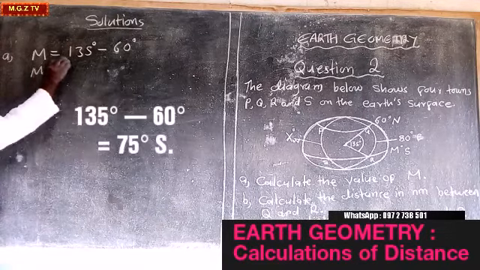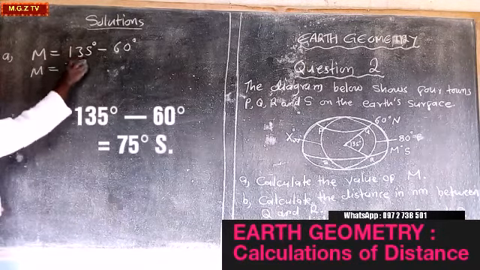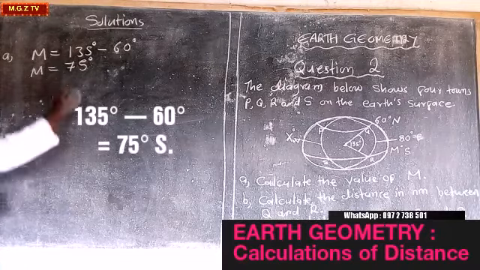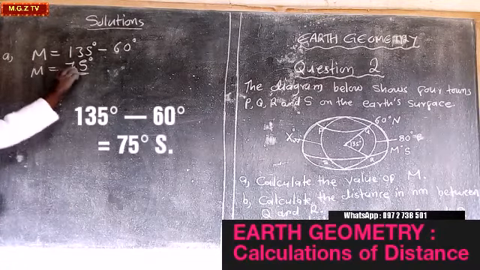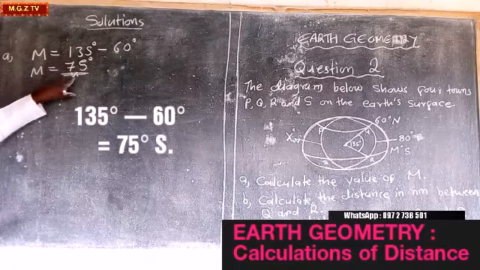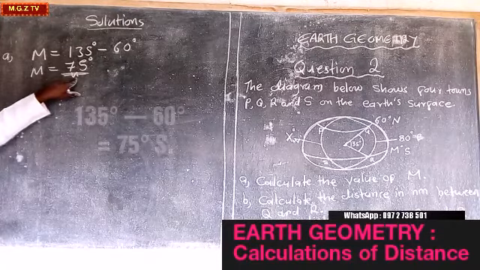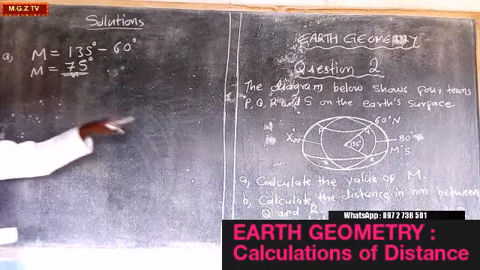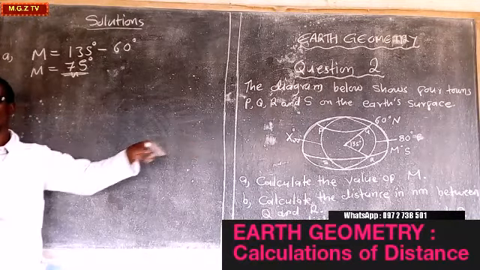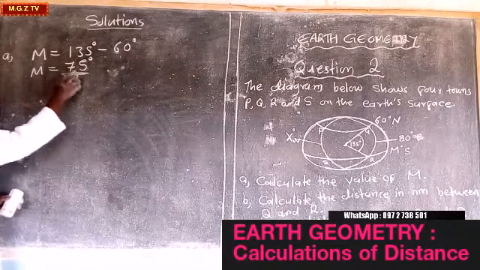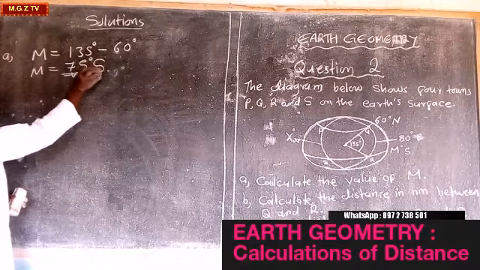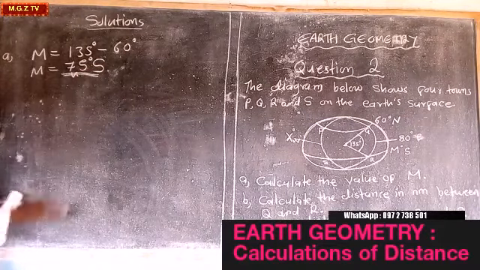We get 75 degrees. So do not end it like this, because m is for the south direction. So you write 75 degrees south.